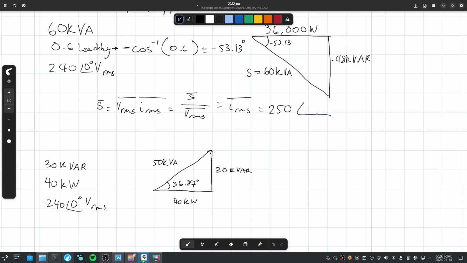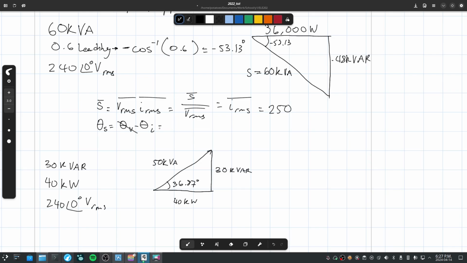Now what's the phase angle? Because we need the phase angle, right? Well, remember that the second equation is the phase angle for S is equal to the phase angle of voltage minus the phase angle of the current. The voltage here is 0, so we can just skip that out.